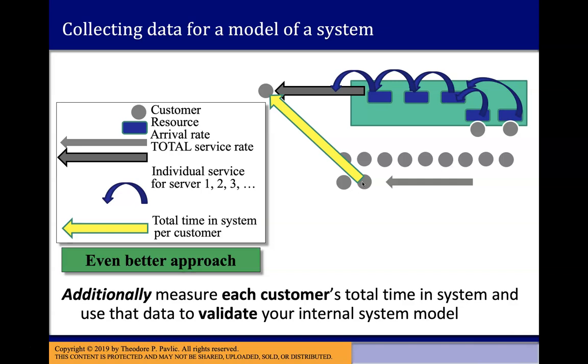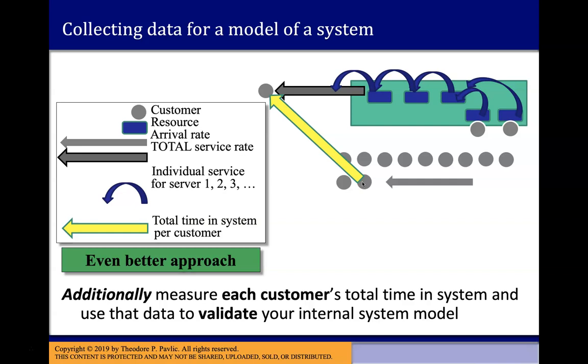But if you record all of those individual service times, those will go into your simulation model, and you'll then be able to simulate a model of the real restaurant. And that model of the real restaurant is going to generate distributions of total times in the system, which you'll want to compare to the real total times that people spend in the system.